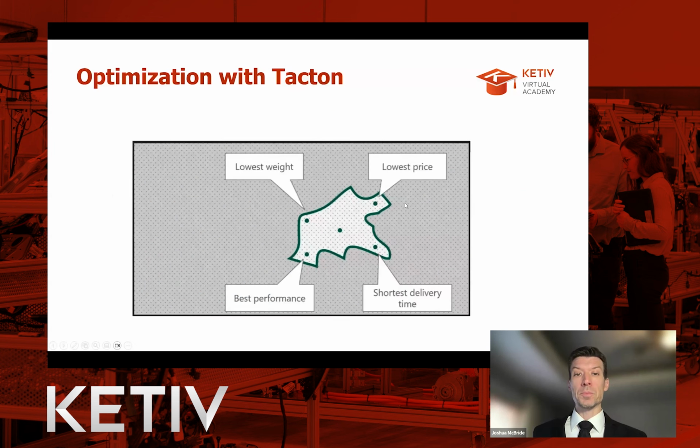And so what the AI in essence does is it understands all the possible configurations available to it. And so then we go, okay, I want to pick the lowest weight. Well, then it will find within those possible configurations what that lowest weight is, which in this visual example would be in this far corner, or the lowest price, maybe in this corner, or the shortest delivery time, and so forth.